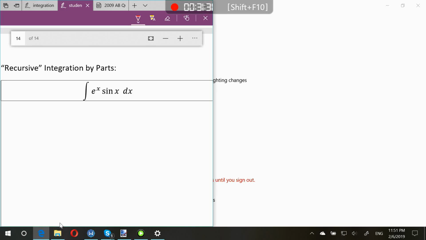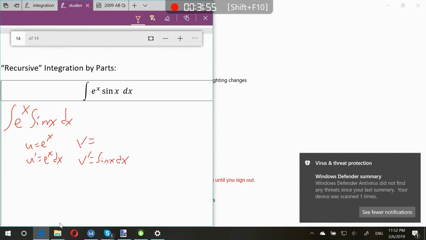Okay, so here's what it looks like. I am integrating e to the x sine x in terms of x. I'm going to say u is equal to e to the x, therefore u prime is equal to e to the x dx. And v prime is equal to the sine of x dx, therefore v is equal to negative cosine of x.